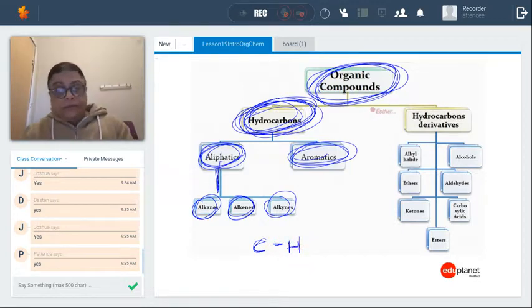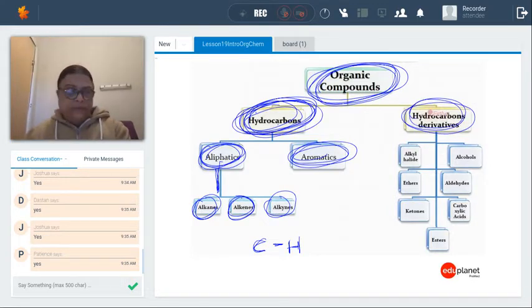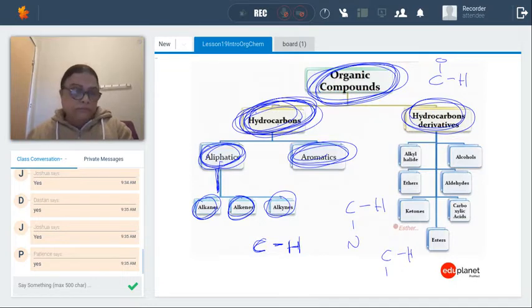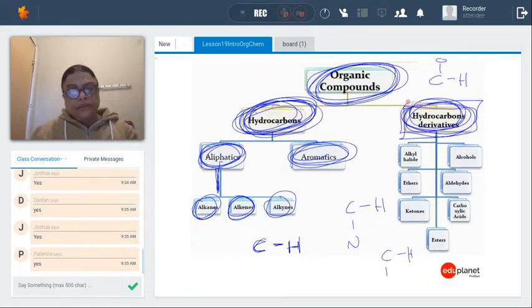But you can have hydrocarbon derivatives. Hydrocarbon derivatives can be a molecule that has carbon, hydrogen, and oxygen, or carbon, hydrogen, and nitrogen, or carbon, hydrogen, and a halogen, Br, Cl, I. So those compounds that have, in addition to the C and the H, another atom, we call those hydrocarbon derivatives.